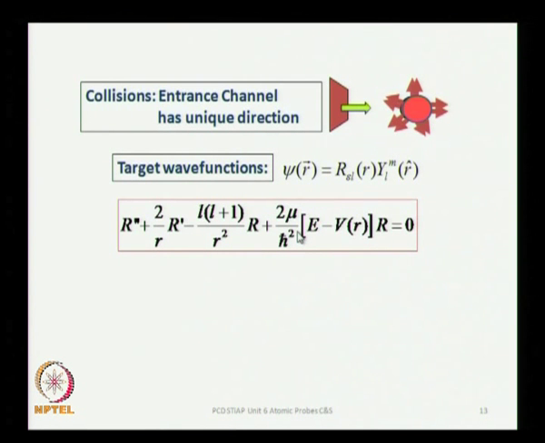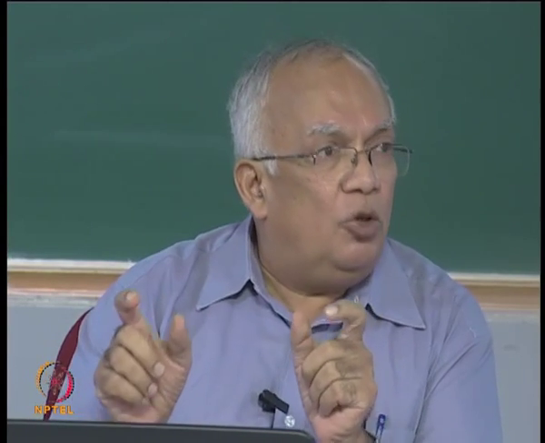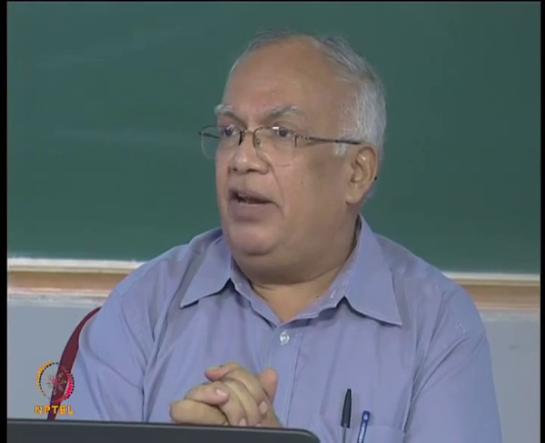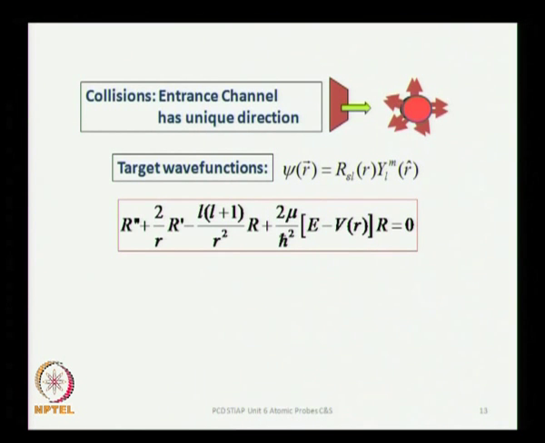The angular part, you have solved the problem of spherical harmonics, so those solutions are available at your fingertips. Then you look at the solutions to the radial part. You separate out the radial part of the wave function and find that it must satisfy a certain radial differential equation.